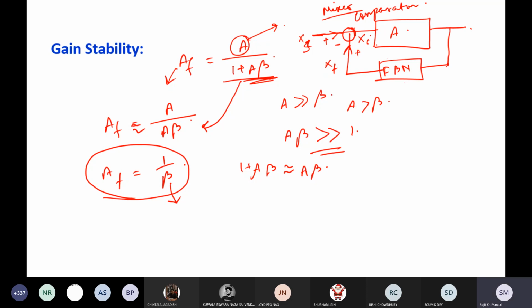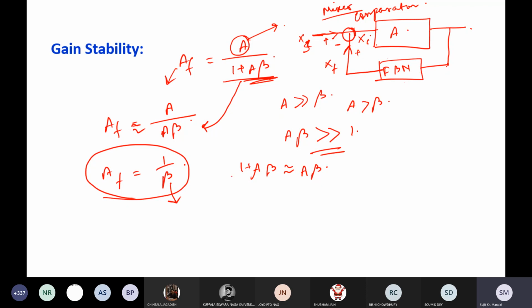The amplifier is basically a semiconductor device, so its gain may fluctuate with change in the environment or change in temperature. Okay, but these changes can be avoided by including a feedback network and making it more stable.